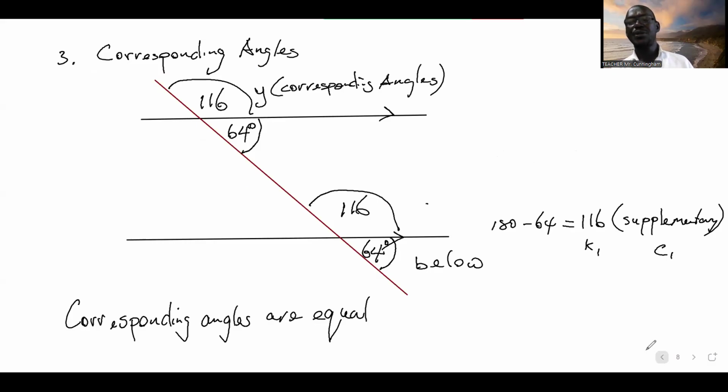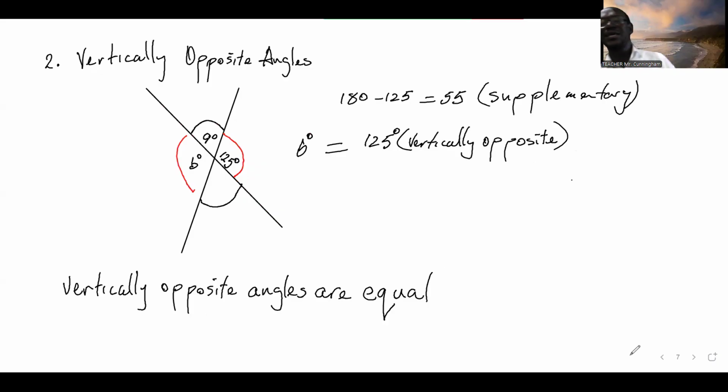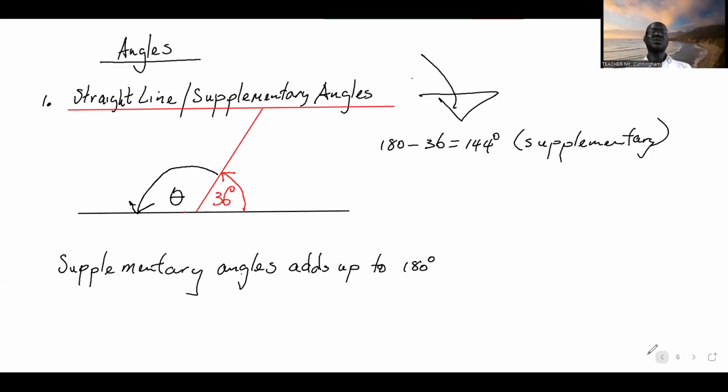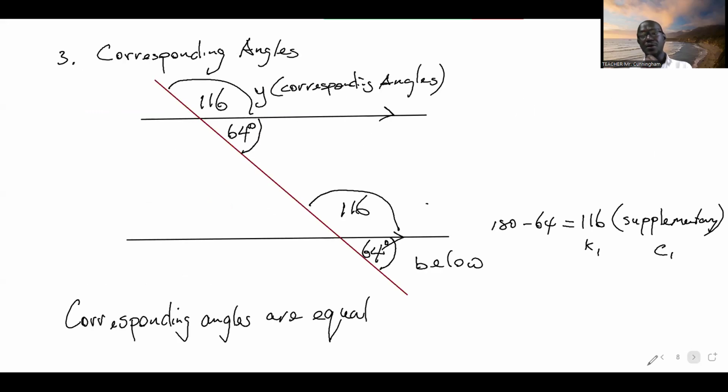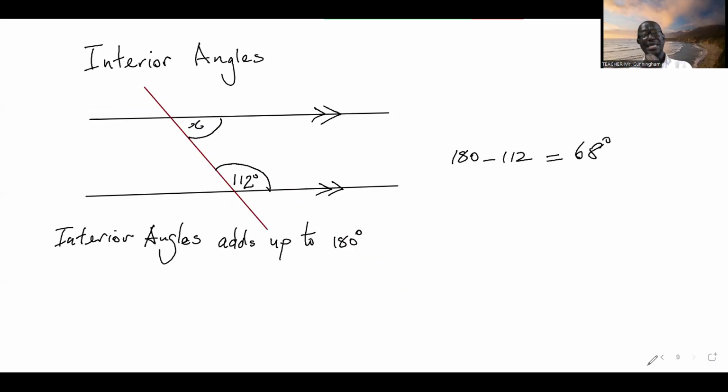Vertically opposite angles: 2 roads meeting, forming 4 angles. Supplementary angles on a straight line. Straight line, vertically opposite, corresponding, interior angles, and one more.